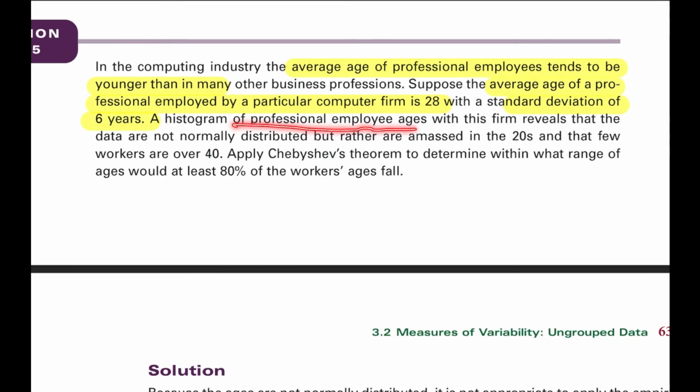A histogram of professional employees' ages with this firm reveals that the data are not normally distributed. So this is important: the data is not normally distributed, which means we cannot apply the empirical theorem. But they find that the range is mostly the 20s and few workers are more than 40.